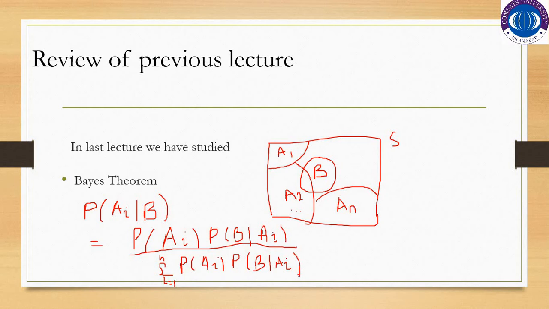So this is called the Bayes theorem. Whenever the event B is occurring, any of the A will occur with it. Bayes theorem will help you find out which of the Ai is occurring with it.